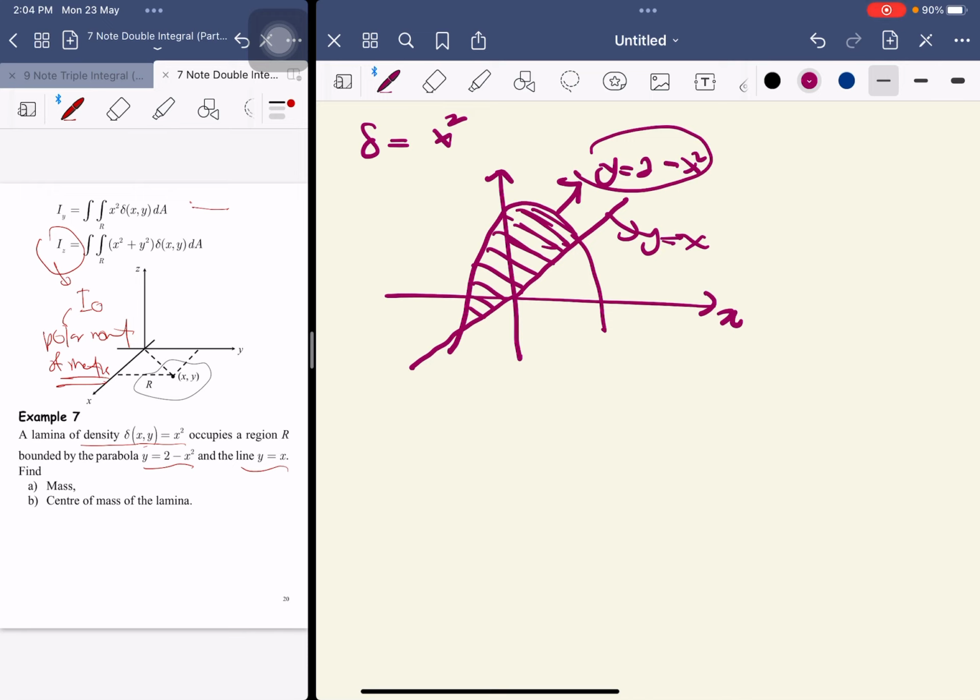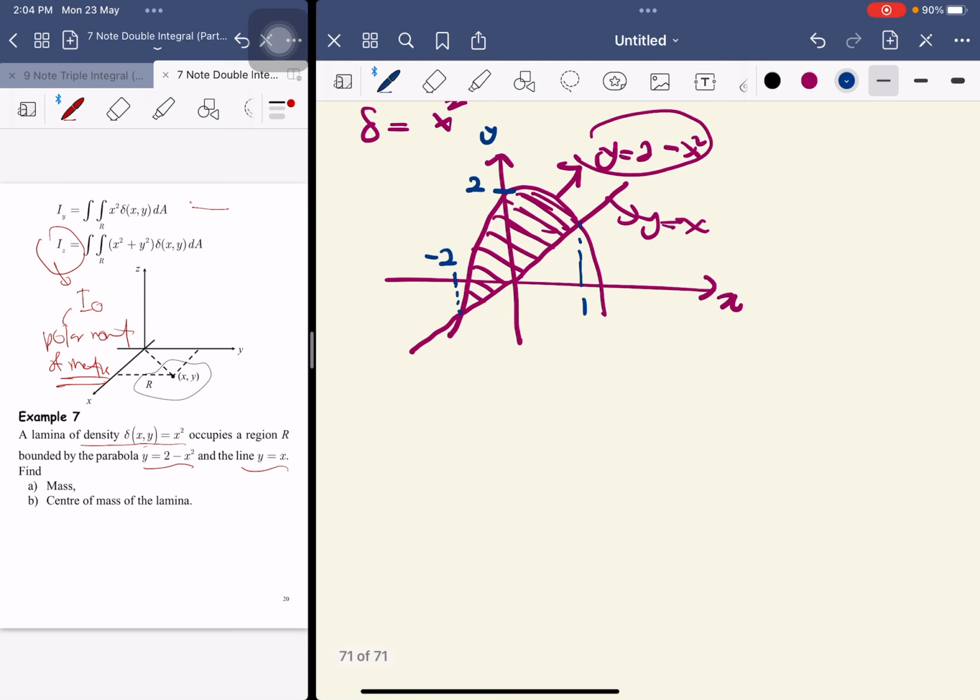If we figure this out, we should get the point of intersection over here as x equal to 1, and over here as x equal to -2. Why is the intersection point here 2? You have y and x over here. So it's important to identify the shaded region so that you can get the correct limits.